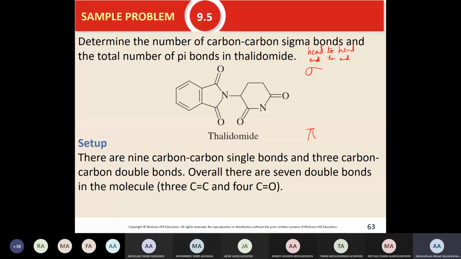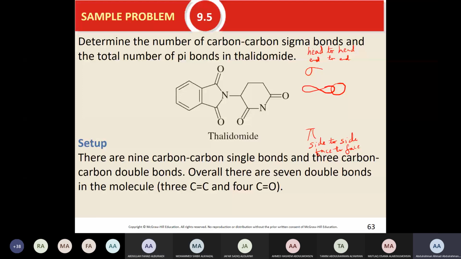How about pi? Side to side, or face to face. Exactly. And this one takes place, for example, if P mixed with S, is it going to be sigma or pi? Sigma.